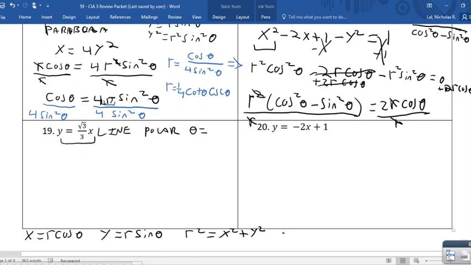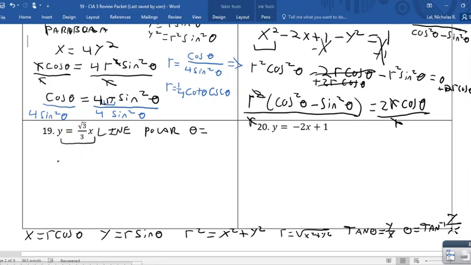All right. r is equal to the square root of x squared plus y squared. The tangent of theta is equal to y over x. And theta is equal to the inverse tangent of y over x.